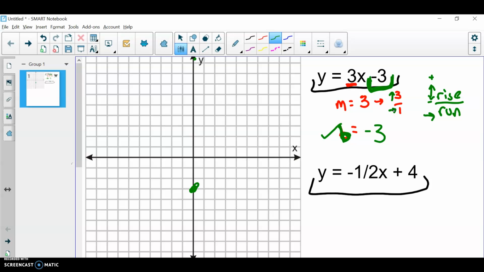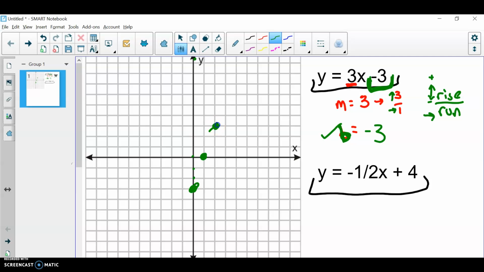Now how this works is you start from your y-intercept. That's why you start here. So your y-intercept is -3. From there, you're going to go up 3/1. You're going to use your slope: 1, 2, 3 over 1. Put another dot. Then you can do it again from there: 1, 2, 3 over 1.